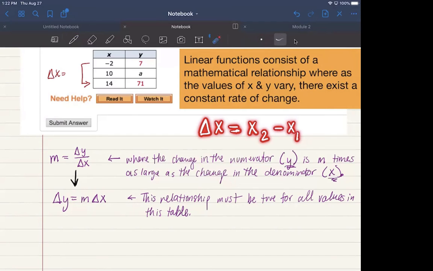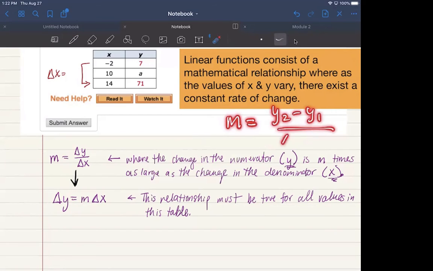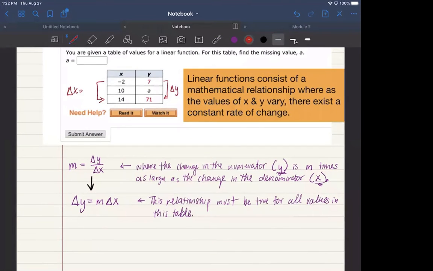You're taking the difference between two values, okay? This is why you normally see m equals y2 minus y1 over x2 minus x1, which is just delta y over delta x, okay? But I'm going to write that down in a second. And then I also want to think about what is the change in y, okay? So these are two things that I want to think about, all right?